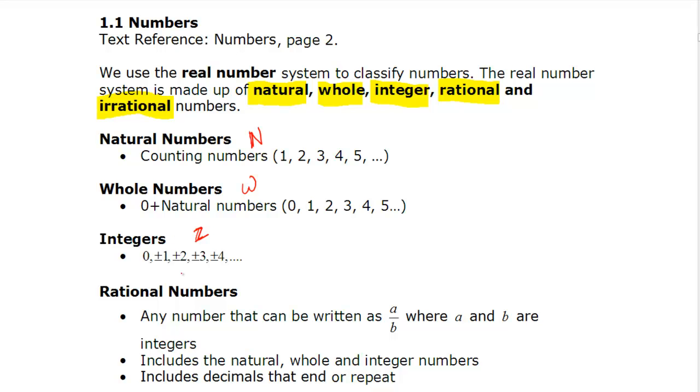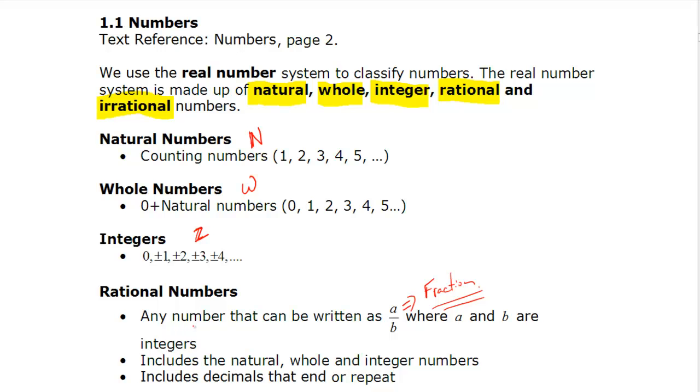So that's integers. The rational numbers sound a little confusing, but we can think about them a little easier than this. They're any number that can be written as a over b, where a and b are integers. Well, what does a over b look like? I think you'll all realize that a over b is a fraction. And really, we need one more piece of information here.